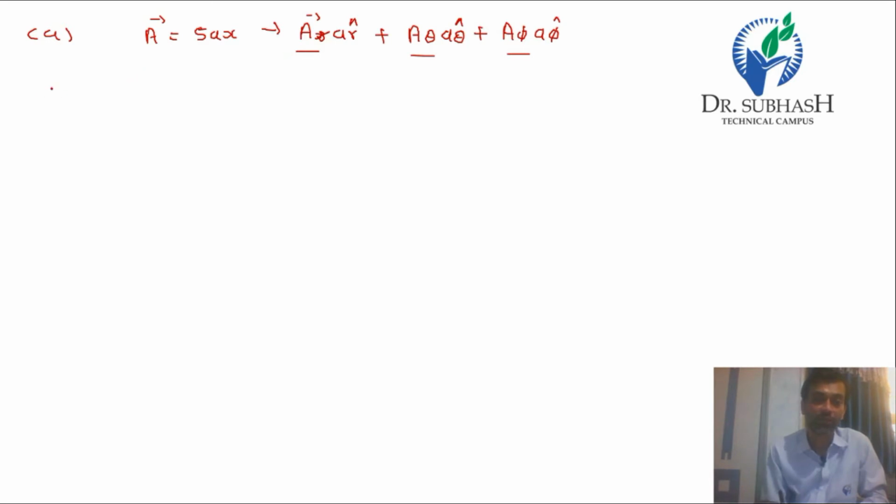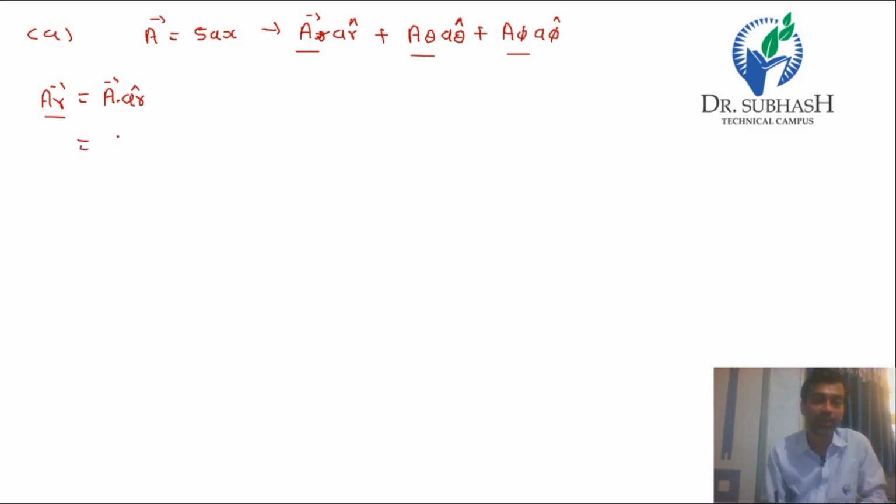So first of all we find the Ar component of the spherical coordinates. For that there is a simple formula: we take the vector we are transforming and the component we want to find. So here we have to find the component Ar, which is the dot product of the vector with the component being found.